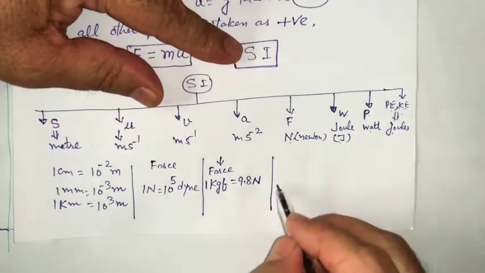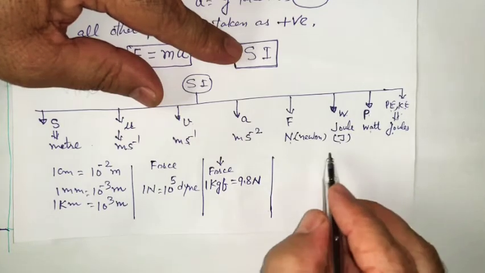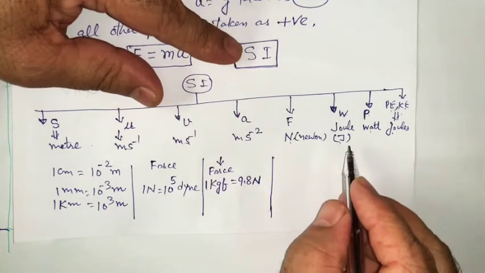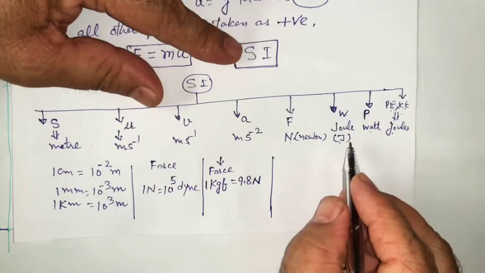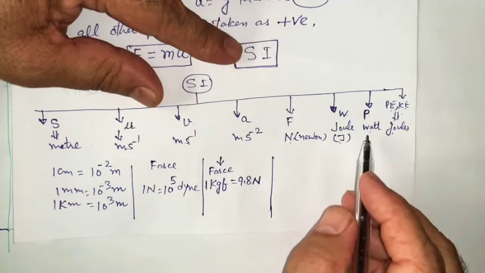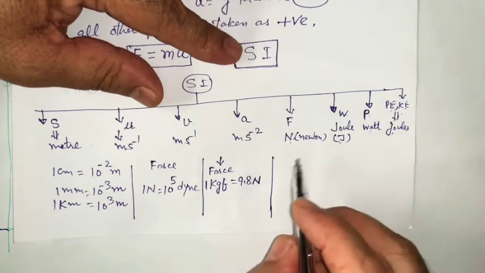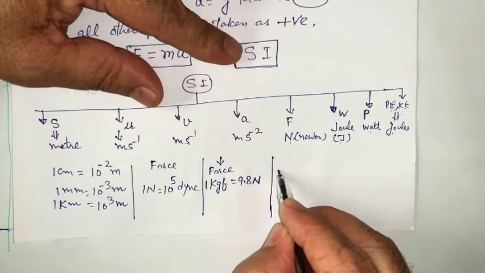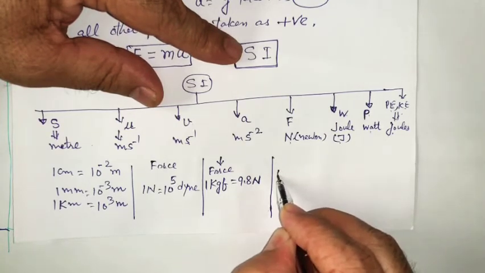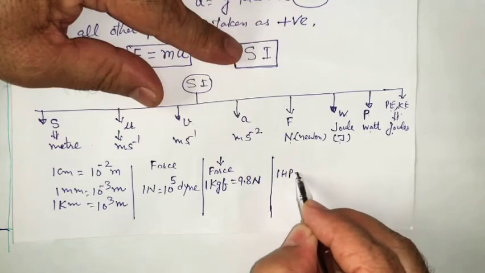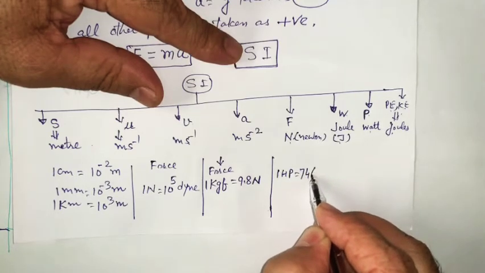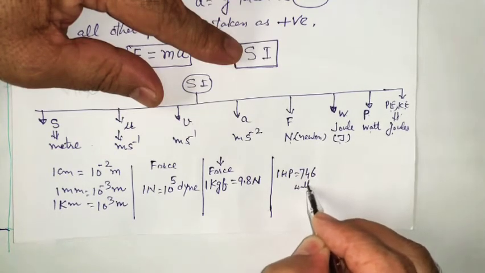Similarly, you have the work. Work is always in joules. Then similarly power is always in watt. You have 1 horsepower, that is 746 watt.